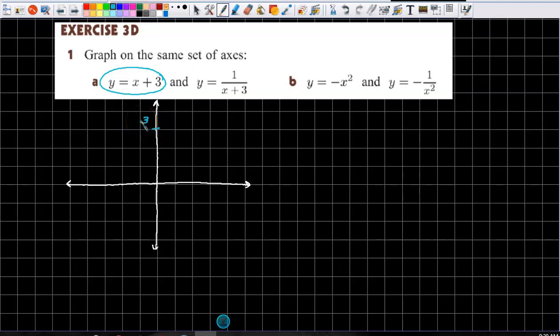Okay, and my x-intercept is -3 because what makes that whole thing equal to 0? So remember, in your mind, you're going x-intercept, y equals 0. And this is going to work for every function that we do. This is what you did in year 8, it's what you did in year 9, it's what you did in year 10.